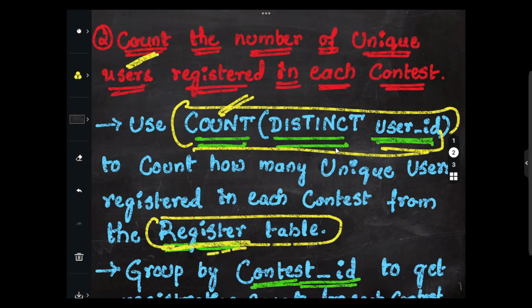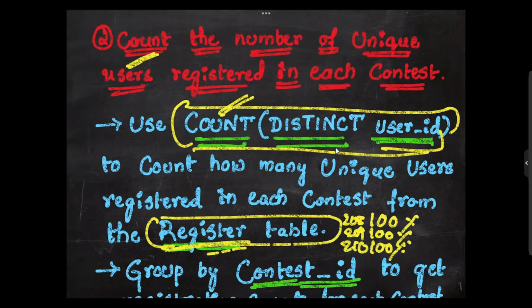This is important, right? Next we will be grouping by the contest ID. We saw this one in the question. If we have 100%, 100% and 100% for the first two IDs, 208, 209 and 210, if you remember, suppose it should have been 209, 210 and 208 in this case. All three have 100%.